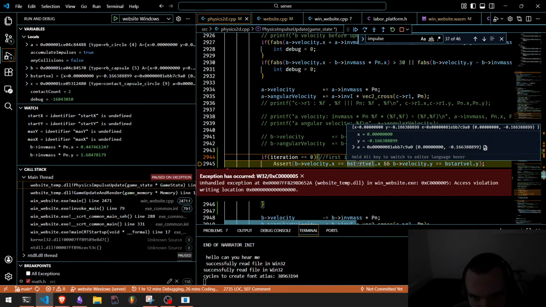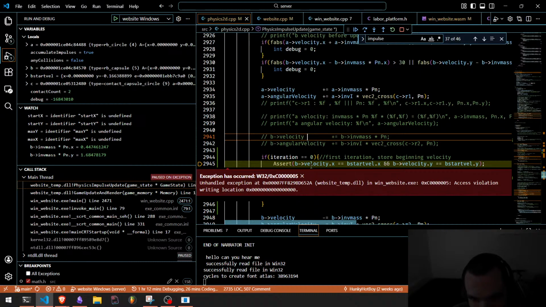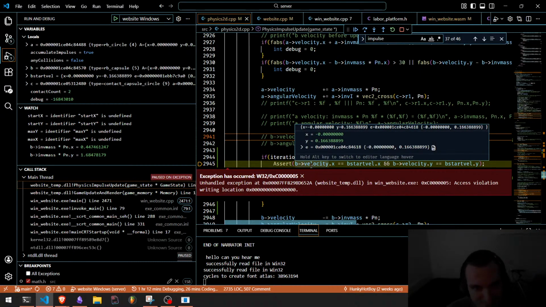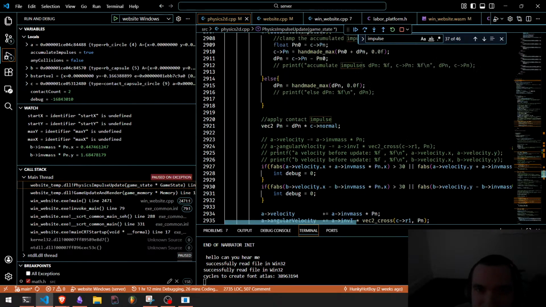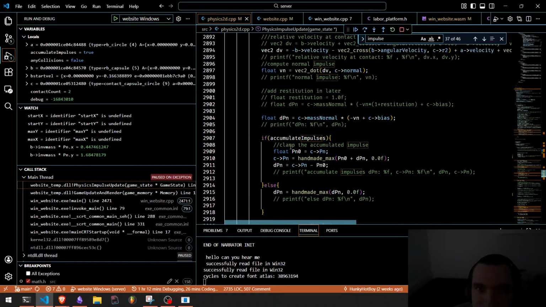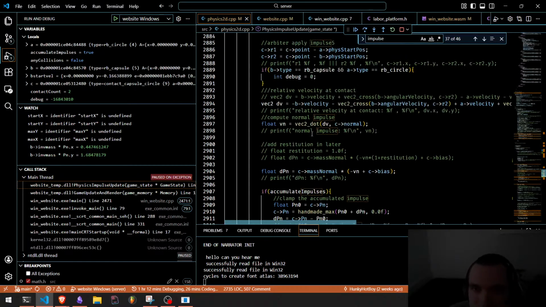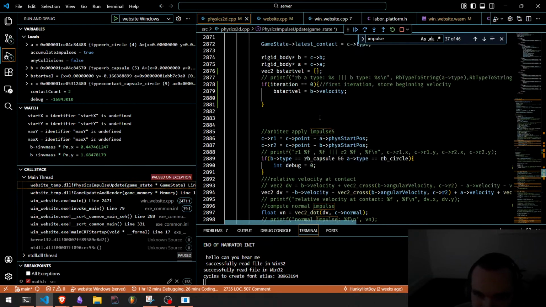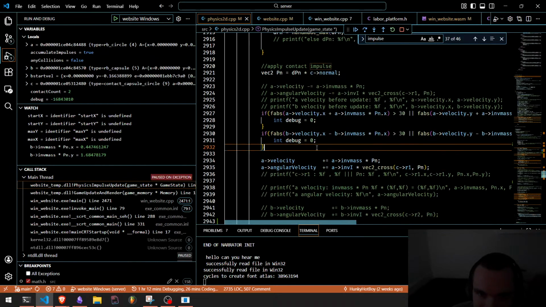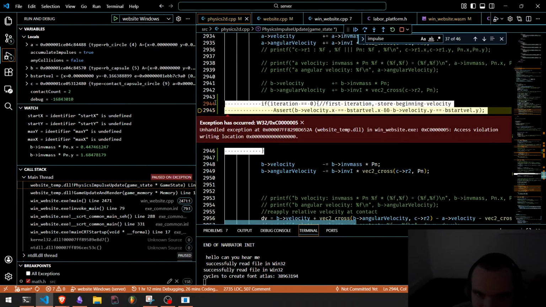So we can see that the starting velocity is negative 1.66, and then the velocity once we get down here is positive 1.66 or positive 0.166. So we're somehow in between here and down here. We're messing up that velocity.